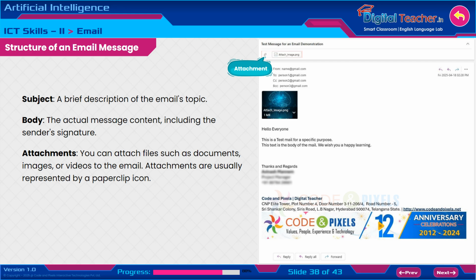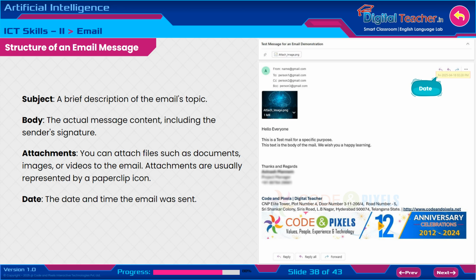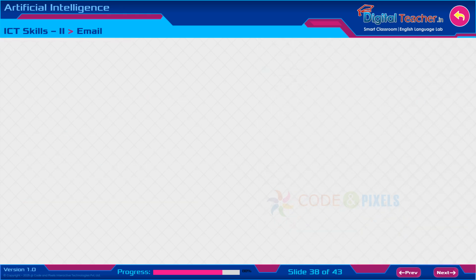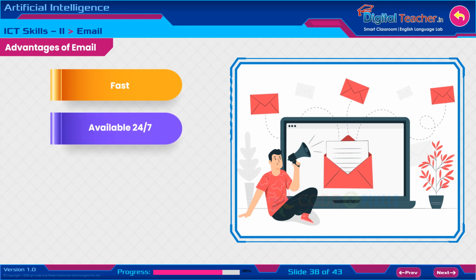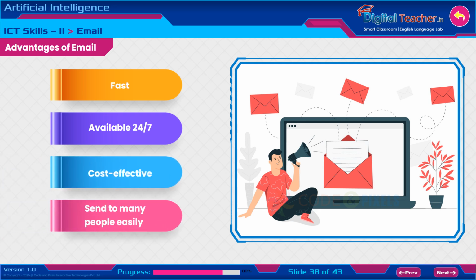Attachments are usually represented by a paperclip icon. Date, the date and time the email was sent. Advantages of email: fast, available 24/7, cost-effective, send to many people easily.